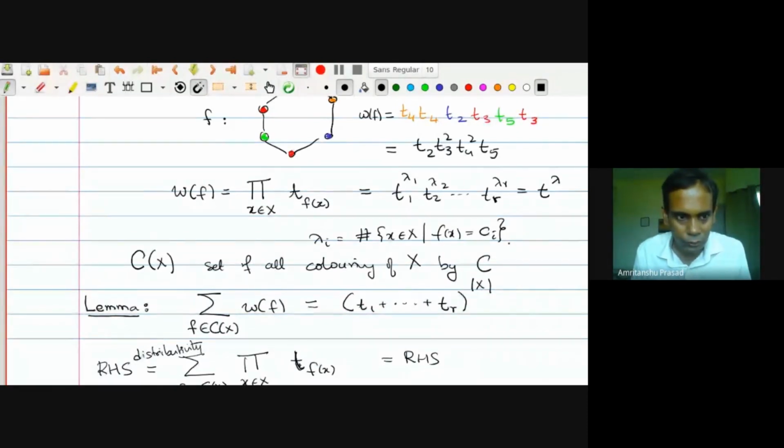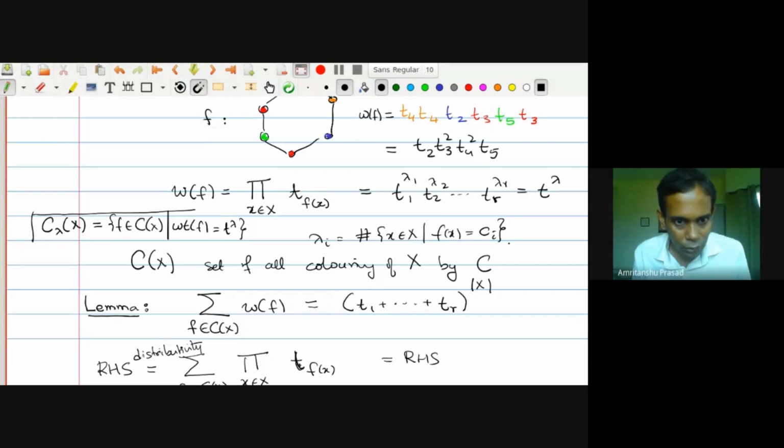So we will say C lambda of X is the subset, the set of all colorings such that the weight of f is t raised to lambda.